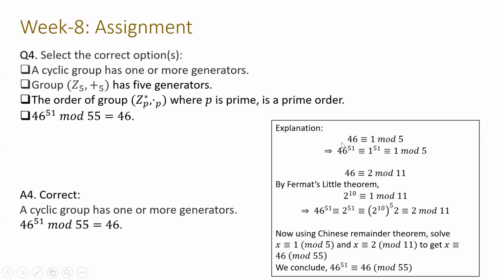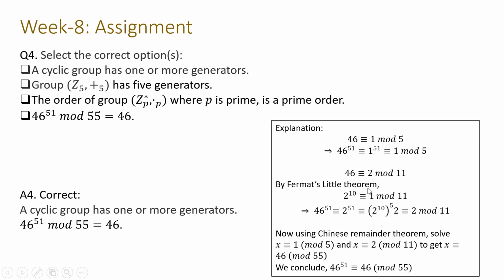Now raise both sides to the power of 51. So 46 to the power 51 is 1 to the power 51, that is 1 modulo 5. This is clear. Now with respect to 11, 46 is congruent to 2 modulo 11, and also by Fermat's little theorem.